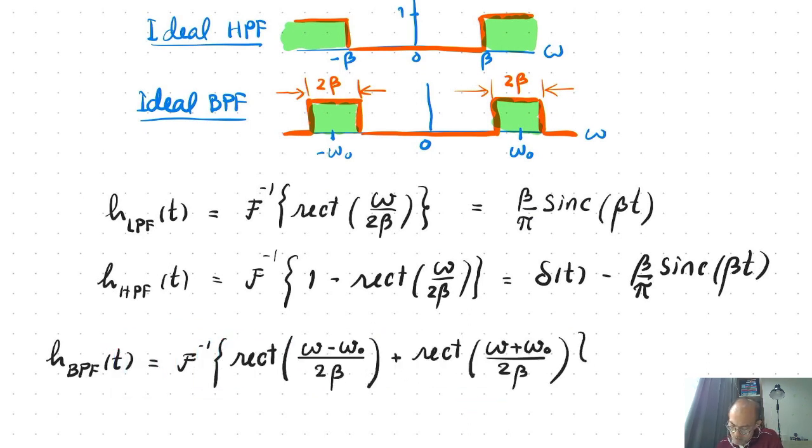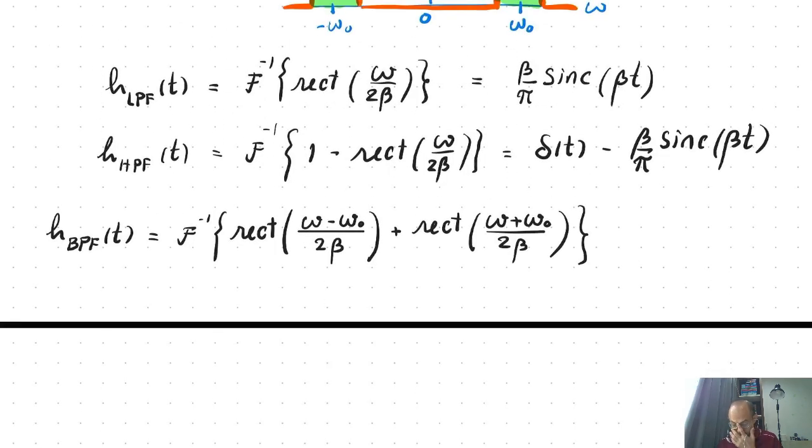Okay, this is just beta over pi sinc beta t, and then we have to use the frequency shift.